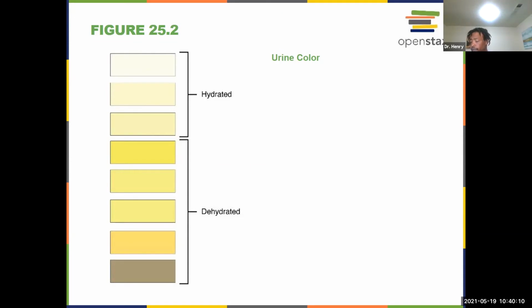Also, the volume of urine. Normally you should pee about 1 to 2 liters a day. Above that, there's typically something wrong.